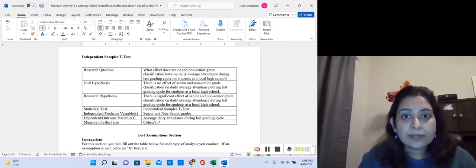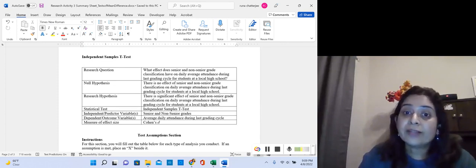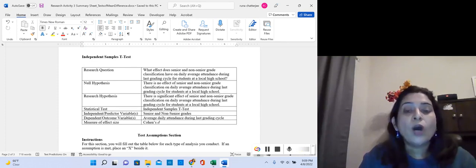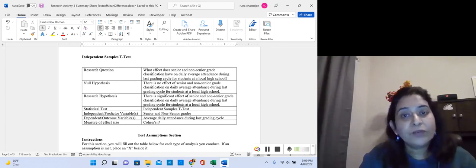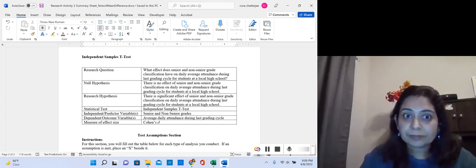Null hypothesis: there is no effect of senior and non-senior grade classification on daily average attendance during the last grading cycle for students at a local high school. Research hypothesis: there is a significant effect of senior and non-senior grade level classification on daily average attendance during the last grading cycle for students at a local high school.